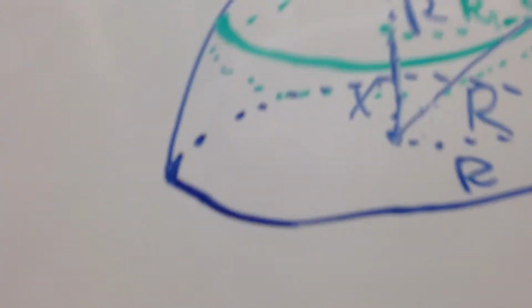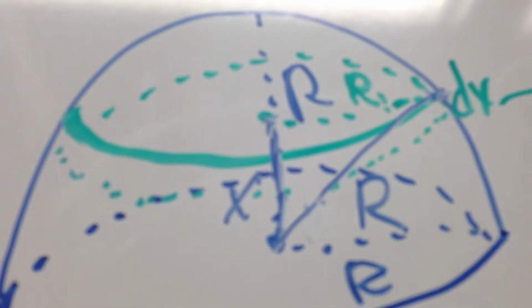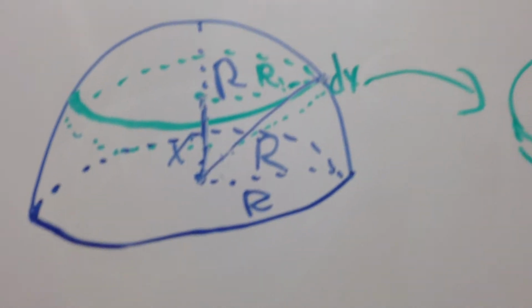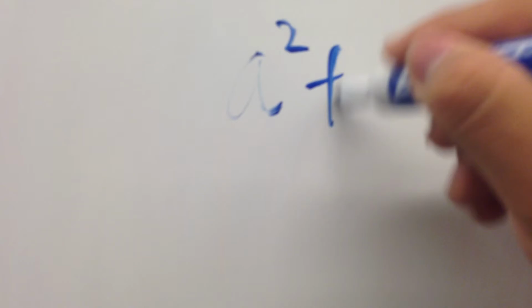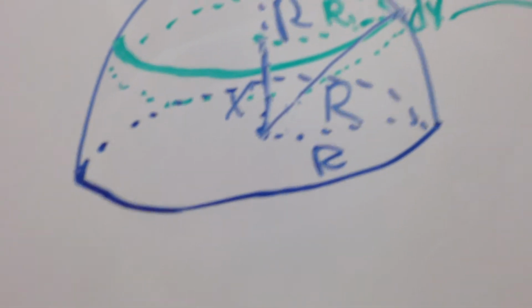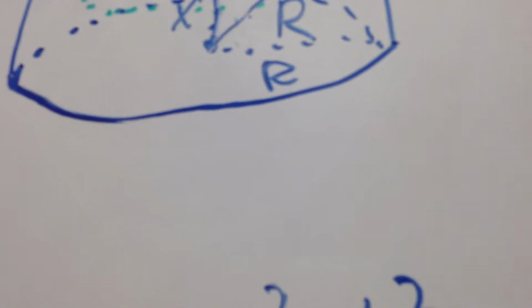That's r. So, since this forms a right triangle, what is R1? Now we apply the Pythagorean theorem. The Pythagorean theorem says a squared plus b squared equals c squared. In this case, x is a, R1 is b, and r is c.